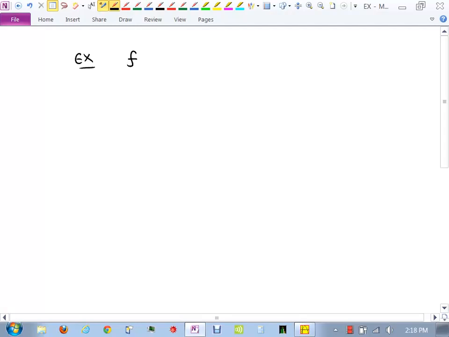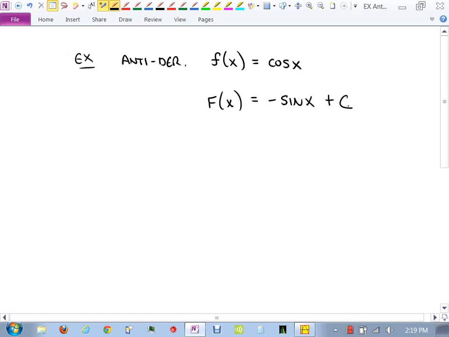Like, find the antiderivative of f of x equals cosine x. So what do you take the derivative of to get cosine? Careful. Is that right?